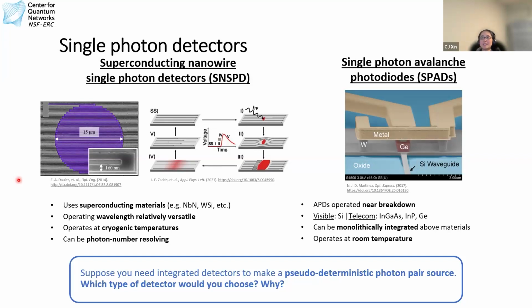Your telecom ones are InGaAs, indium phosphide, and germanium. We're still on that slide actually. Those actually have lower efficiencies. One of the ways that we can get around it is that when you have your telecom band photon coming in through a fiber and arriving and you need to detect it, you actually upconvert it back up to visible in order to detect it.